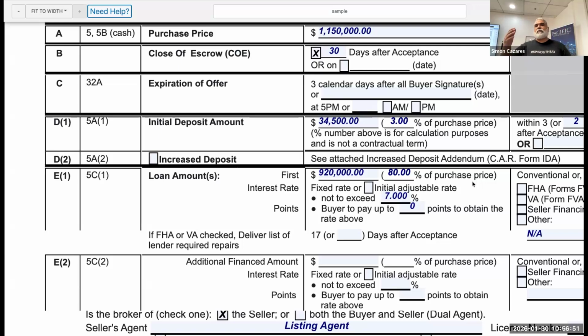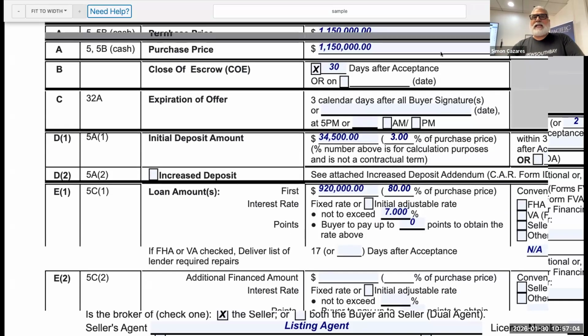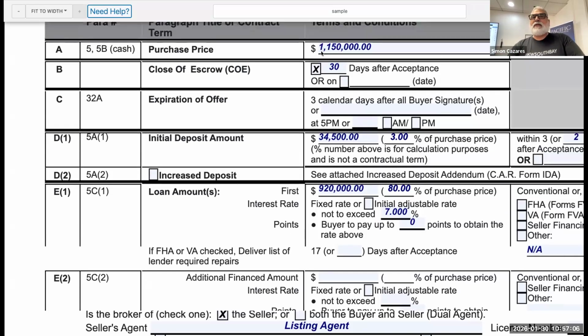So that's the maximum that the seller can go after for damages if the buyer defaults on this contract. Okay. So I just put 34,500. How did I get that? Well, I just did 1,150,000 times 3%, and it gave me 34,500. And then that's typically the maximum amount that the seller.